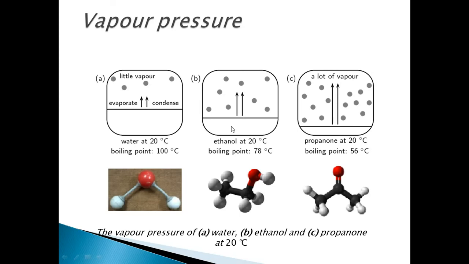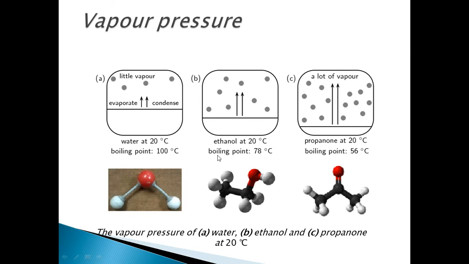It has weaker intermolecular forces than water, so it has more molecules in the gaseous phase and it has higher vapor pressure. And propanol has higher vapor pressure than ethanol, and this is how the vapor pressure increases. Water with the lowest, propanone with the highest vapor pressure.